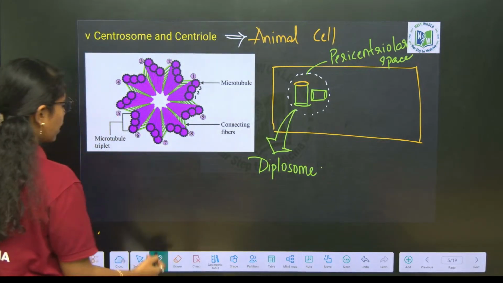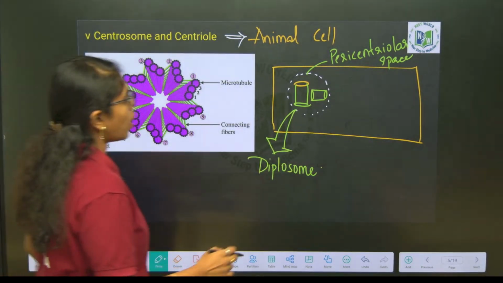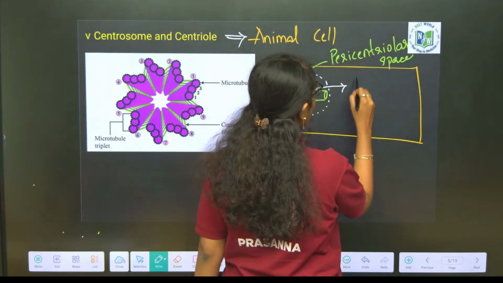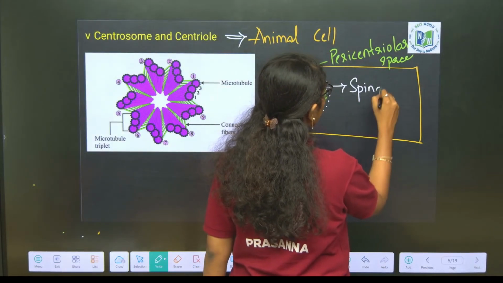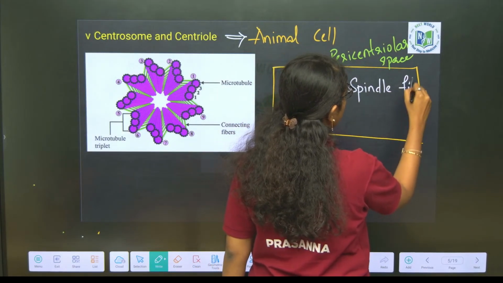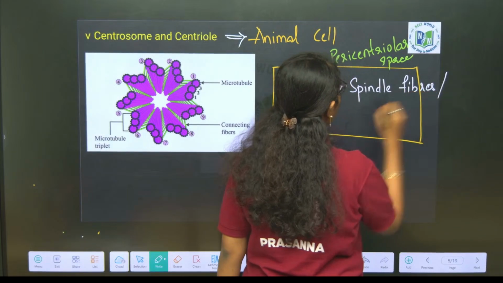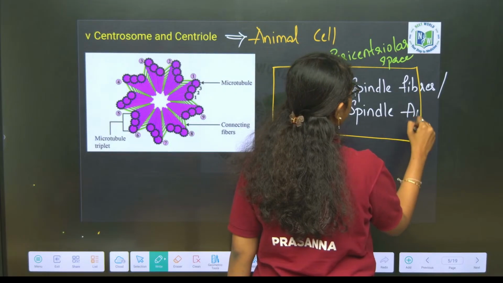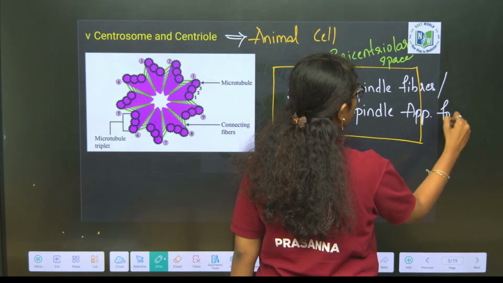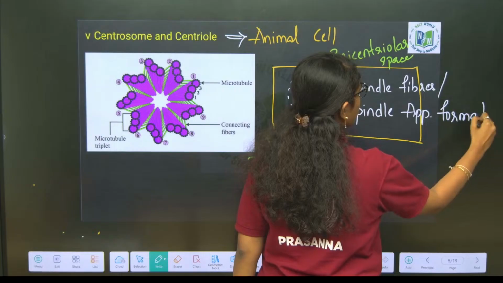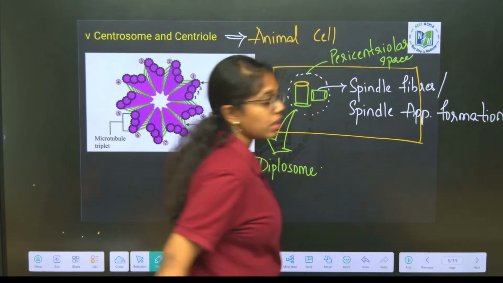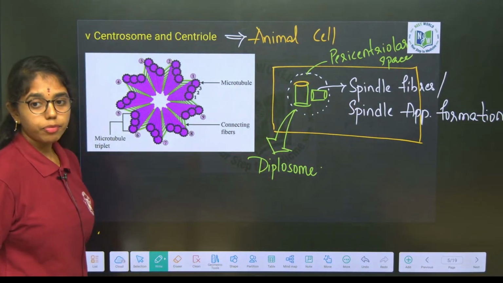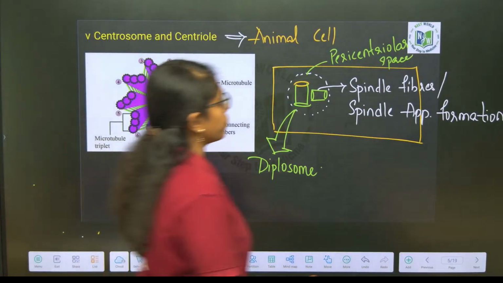Centrioles are helpful in spindle apparatus or spindle fiber formation. And they are helpful for cell division.